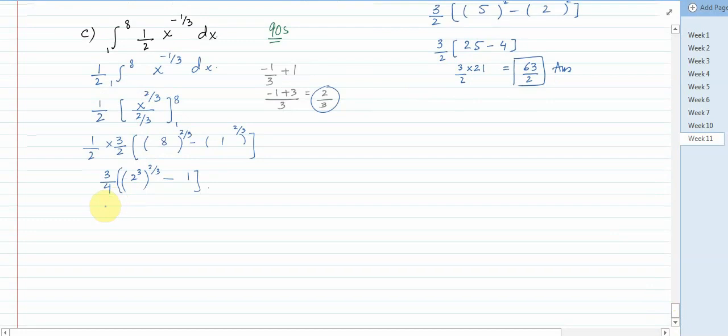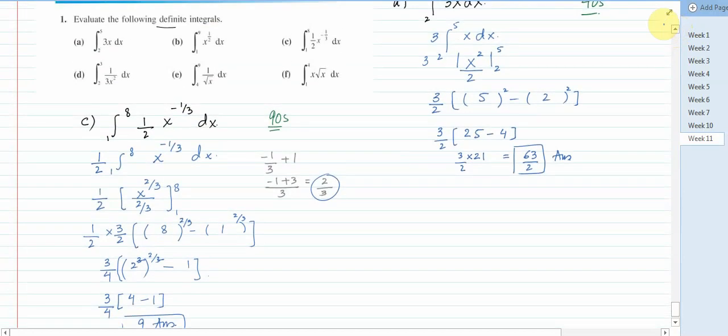After that, 3 divided by 4, cube and cube cancel, 2 square is 4 minus 1, that will be 3, 3 times 3 is 9 divided by 4. That is your answer.